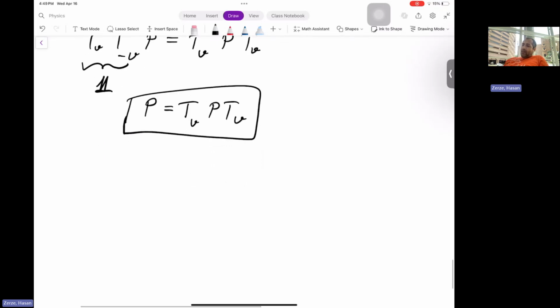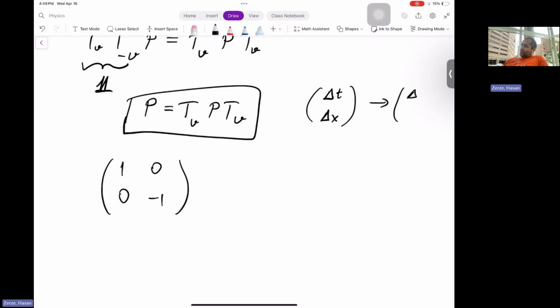Okay, and note that the parity operator is 1, minus 1, 0, 0. The reason for this is the parity operator does nothing but convert delta t, delta x into delta t, minus delta x. So it's doing nothing to the delta t, but it's flipping the delta x.